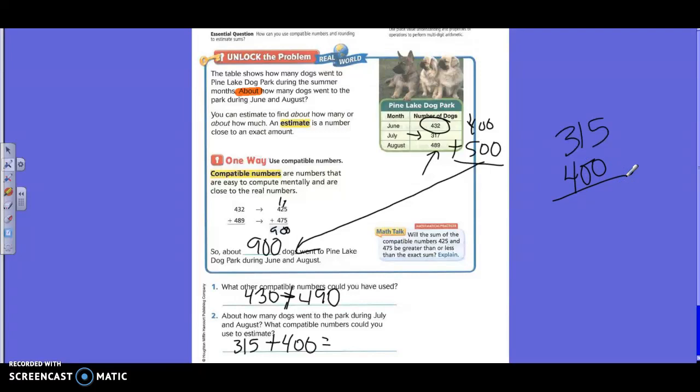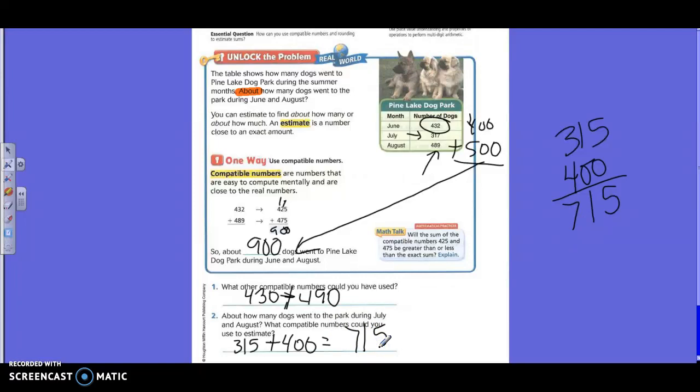It's easier for me to stack and add than to just see it go sideways. Okay? So if I stacked and added, what's 5 plus 0? Could we stack and add? Yes, I told you to on the side. What's 5 plus 0? 5. What's 1 plus 0? 1. What's 3 plus 4? 7.